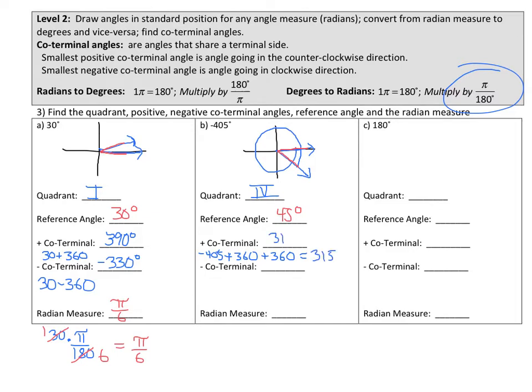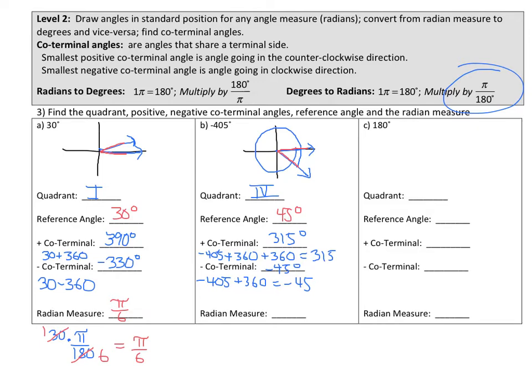So 315 would be the smallest positive coterminal angle. For the negative coterminal angle, we want to find the negative angle that's closest to 0. For that, we would just do negative 405 plus 360, which gets us to negative 45, and that would be our negative coterminal angle, negative 45.